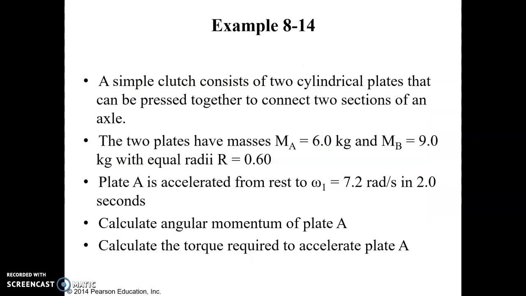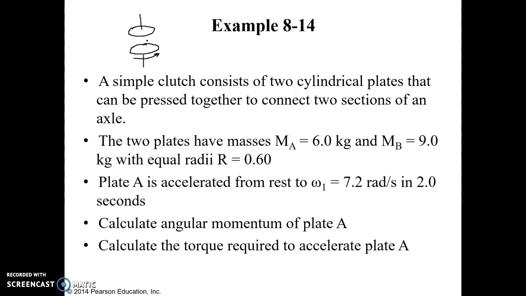So let's look at an example where we have a clutch that consists of two cylindrical plates. We have basically one plate on an axis and another plate above it. One plate is going to be spinning, the other one is going to be stationary, and then they're going to be pushed together.